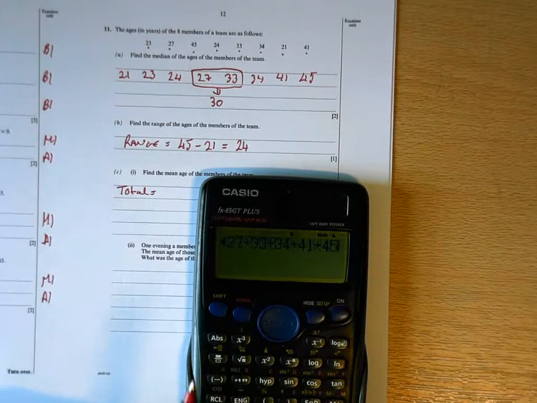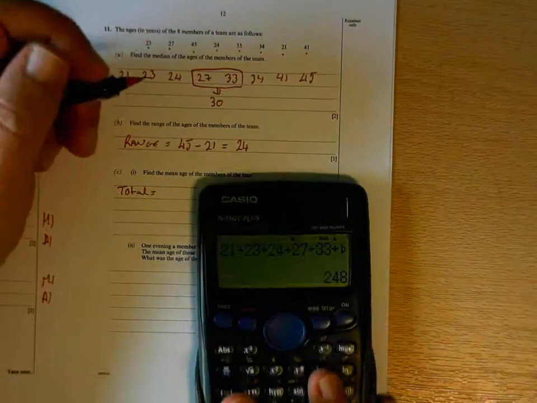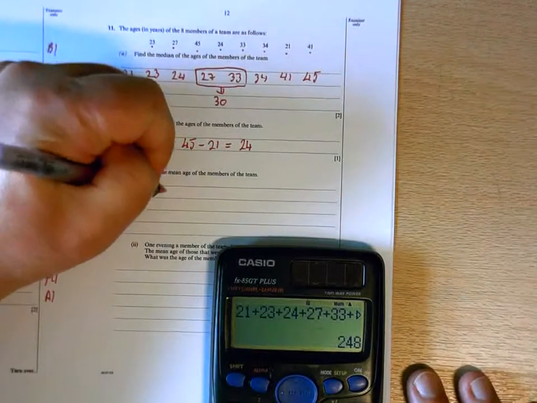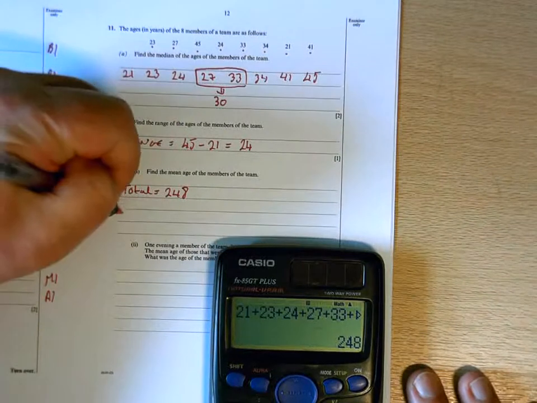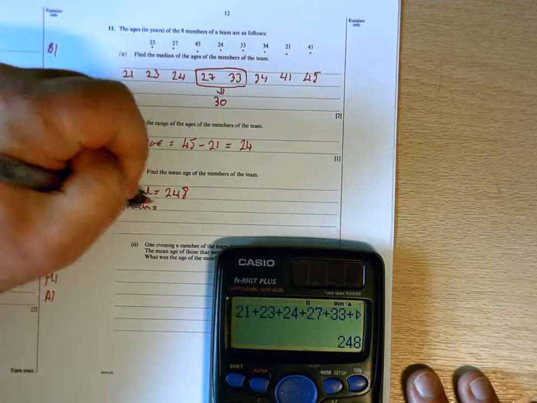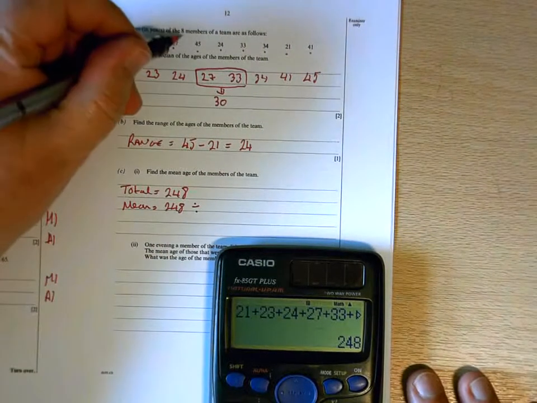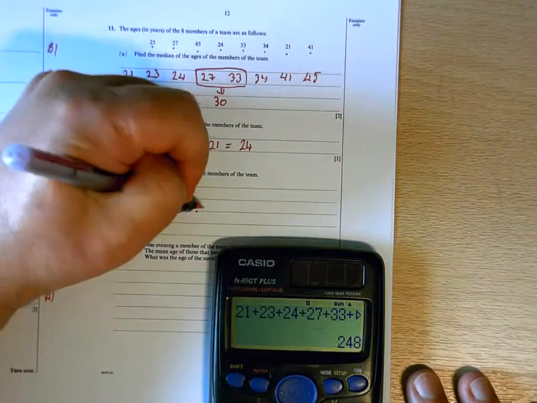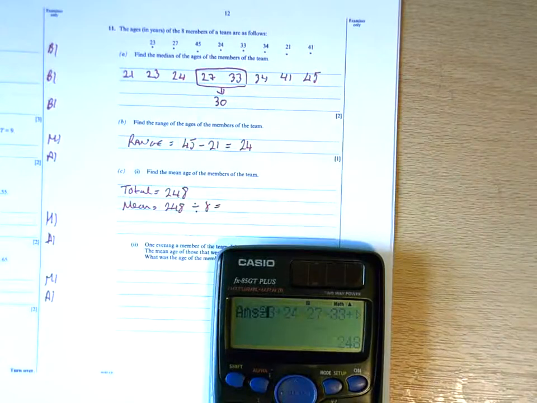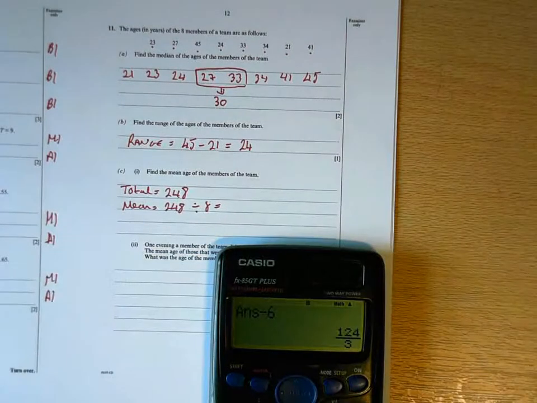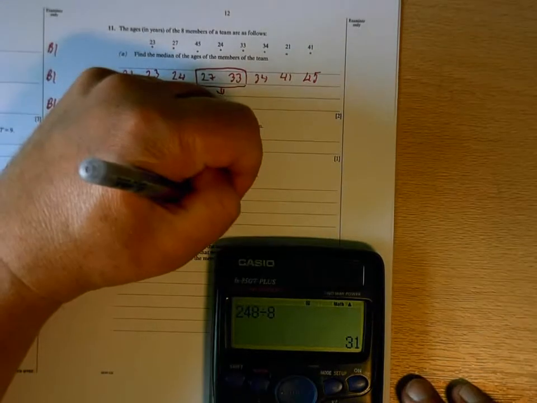So the total age of those is 248. So the mean would be 248 divided by 8, because there are 8 members in the team. Oops, sorry, divided by 6 then. So the average age, the mean age, is 31 years.